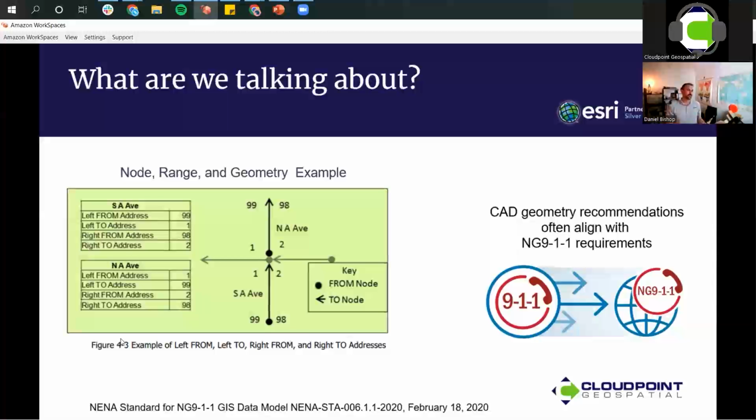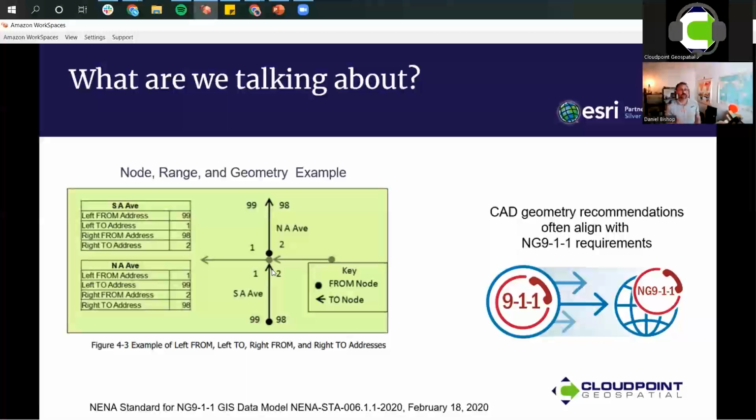It's just that NG9-1-1 will have a higher standard to make sure that your data is meeting those requirements. So for instance, your CAD software will want, at an intersection, your nodes to snap to one another, with no overlaps, overshoots, or disconnections between those nodes. However, your CAD software will function in general if those things aren't correct.